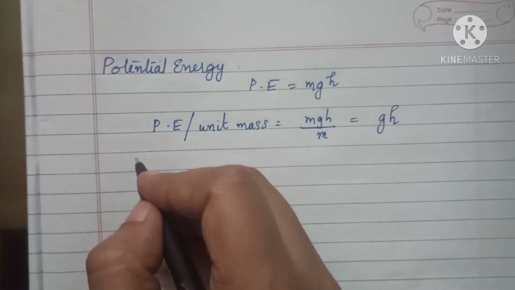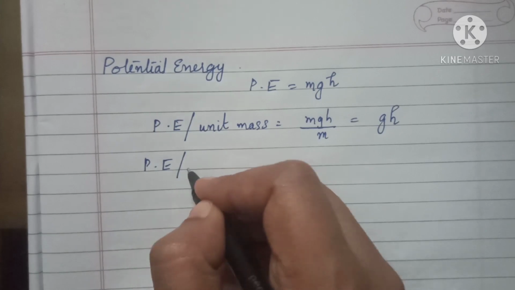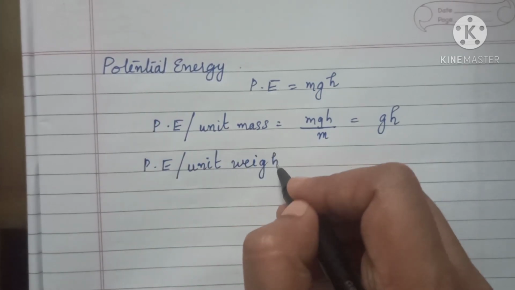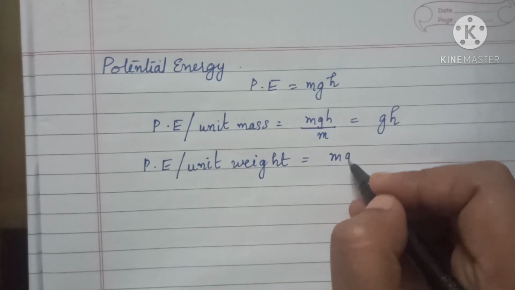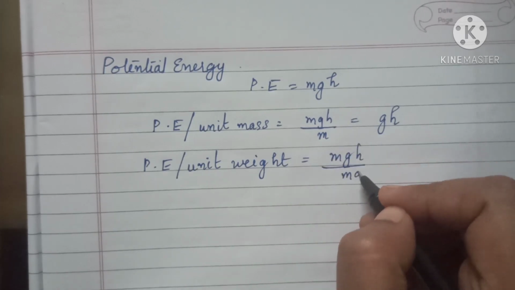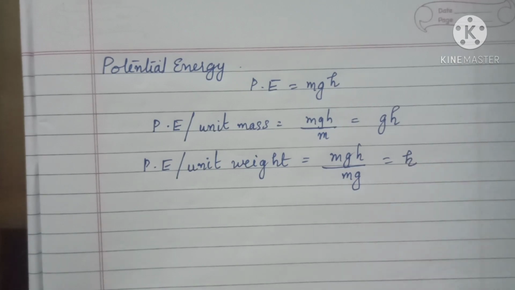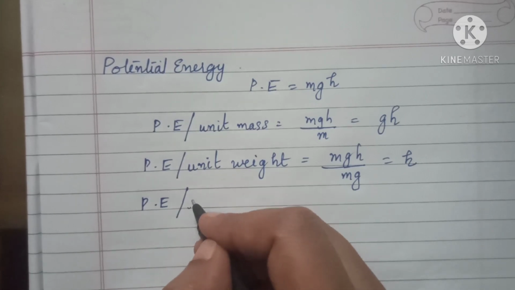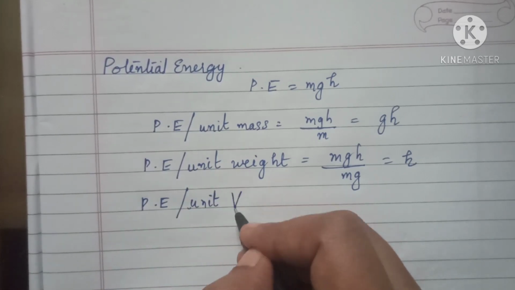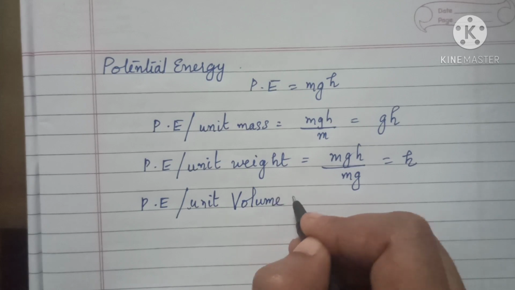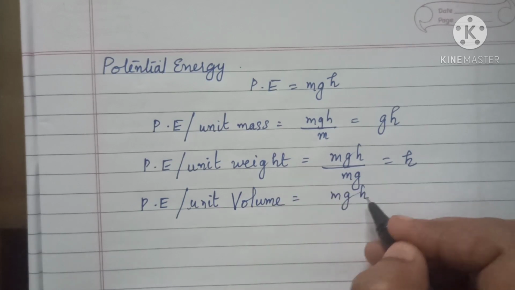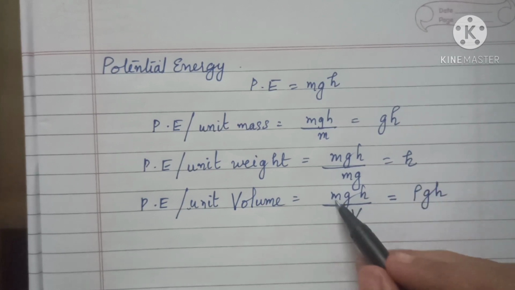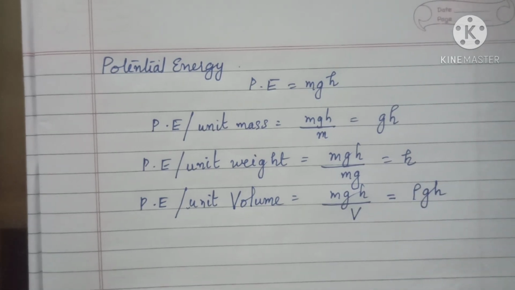Now the potential energy per unit weight is, what is the answer? mgh divided by mg, which will give you h. Then finally potential energy per unit volume is given as mgh divided by capital V, which will give you rho gh, because m by V is rho.